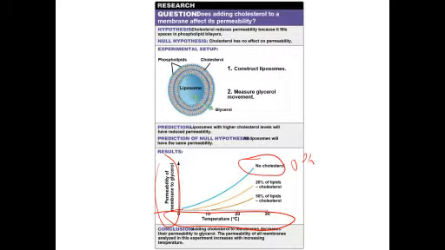Notice that as you increase the amount of cholesterol from 0 to 20 to 50%, the permeability of the membrane to cholesterol decreases. Even as you increase the temperature, the permeability is lower than that without cholesterol.